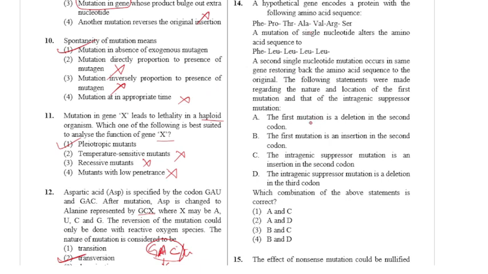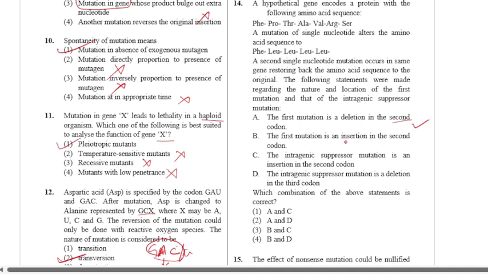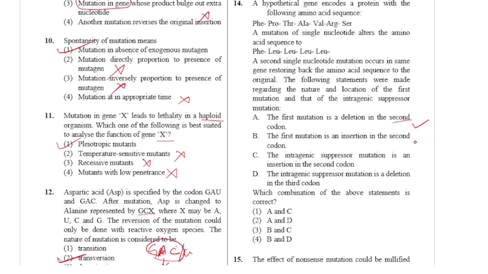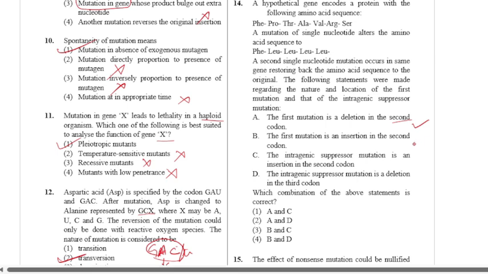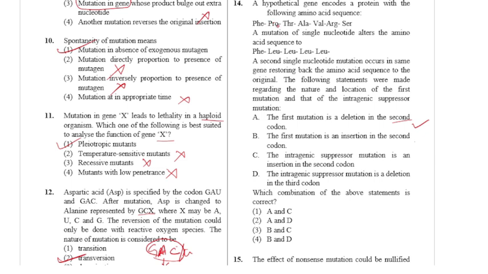The first mutation is a deletion in the second codon. Yeah, that could be a possible reason. The first mutation is an insertion in the second codon. That is also possible. But if we have an insertion, the number of amino acids would remain the same, but if there is a deletion, the number of amino acids will decrease by one.